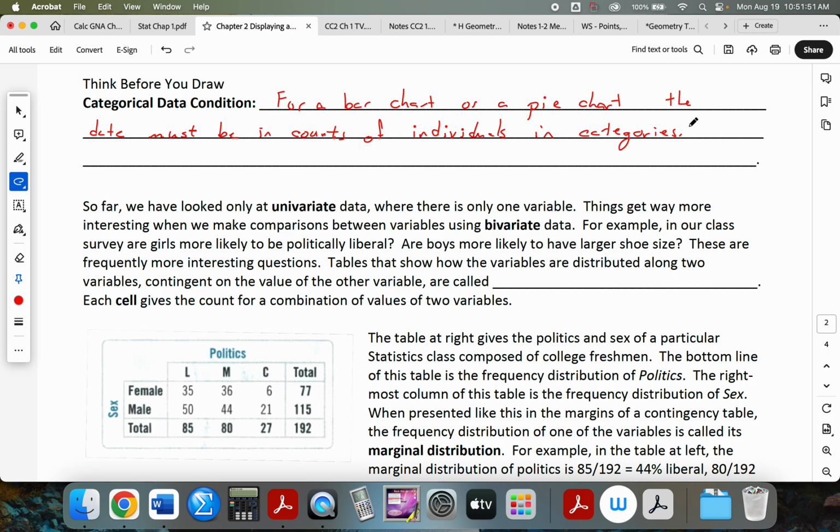Now, notice that's the original data. If you change it to percentages, that's fine. But your original data needs to be counts.